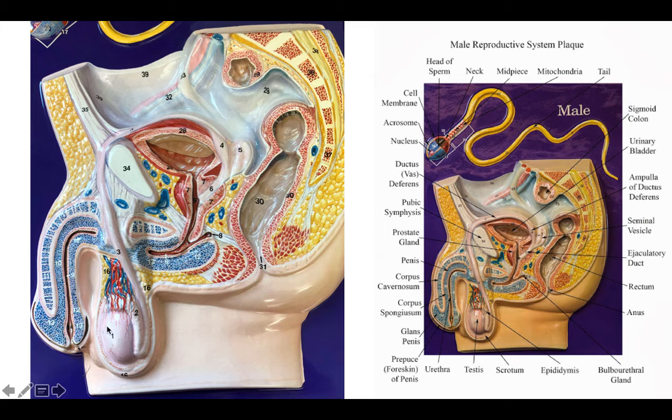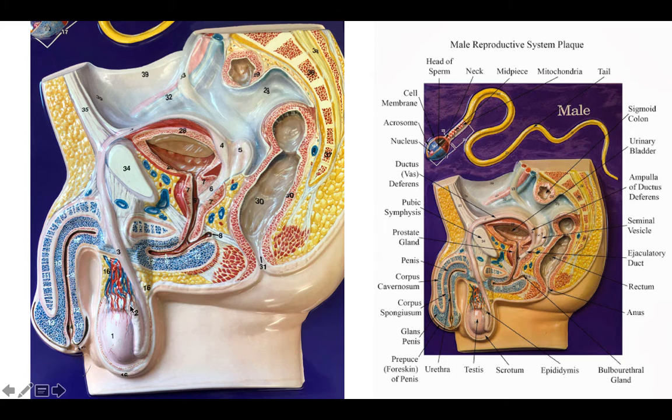So again, we make the sperm cells in the testes, and then we transport those sperm cells to the exterior of the body, and again, the ultimate goal is, obviously, the vagina of a female in terms of your purpose for procreation.